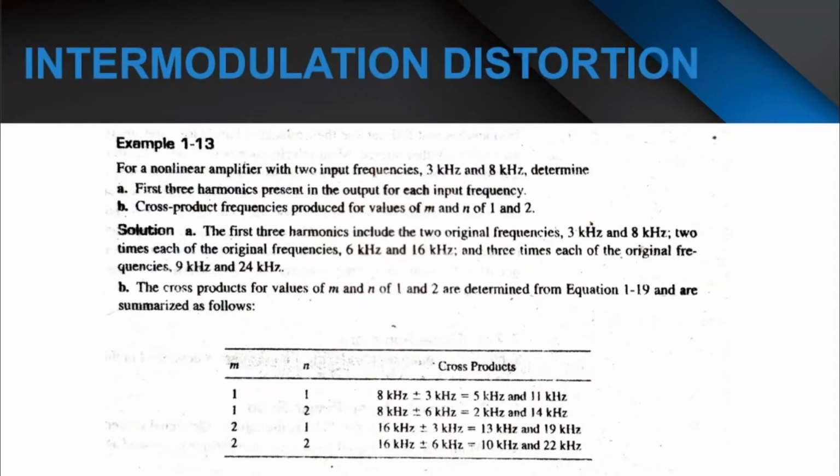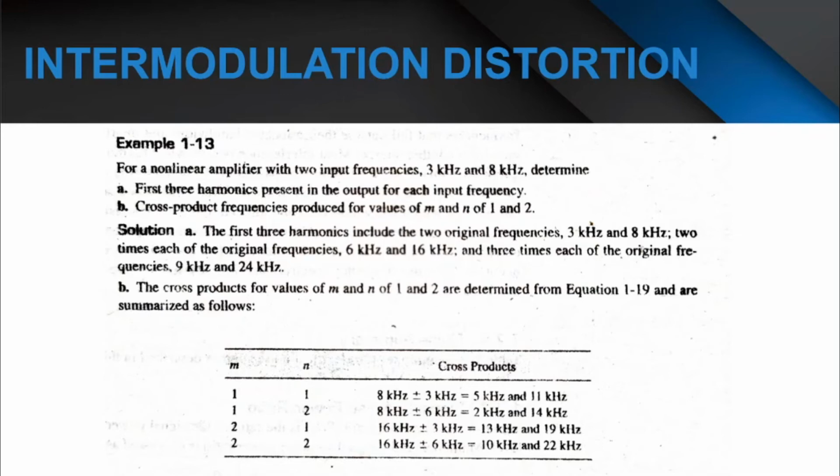So for our example, for a nonlinear amplifier with two input frequencies, 3 kHz and 8 kHz, determine A, first 3 harmonics present in the output for each input frequency, and B, cross product frequencies produced for values m and n of 1 and 2.